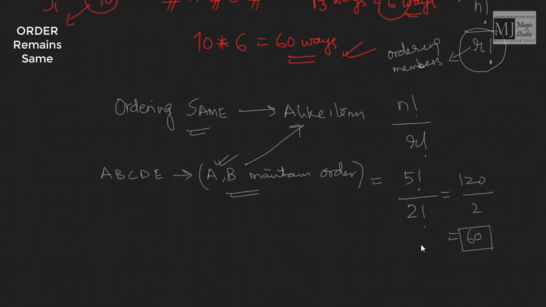So why go for a lengthy process when we know that an ordering question should always be treated as alike objects, using the alike object discounting pattern. I hope this ordering is clear with all of us.